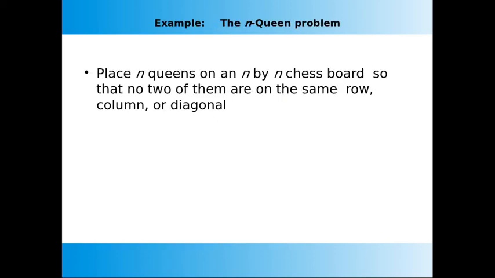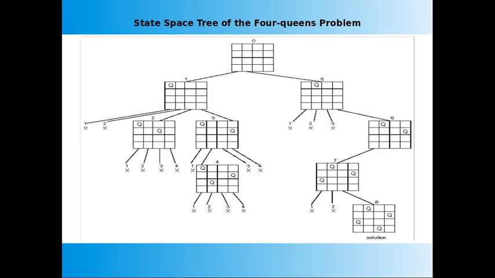One problem that can be solved using backtracking is the n-queen problem. It is one of the classic problems in backtracking. We consider an n by n chessboard, and there are n queens, and the queens should not be under attack from each other. That is the problem statement, and this is an example.